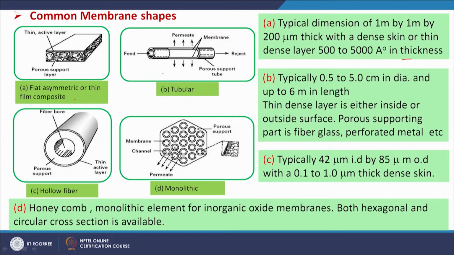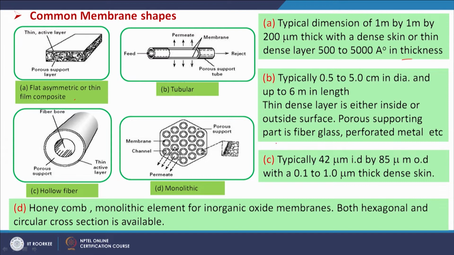Okay. So, in this case what will be happening? It is typically 0.5 to 5 centimeter in diameter and up to 6 meter in length. The thin dense layer is either on the inside or outside surface, we have a thin layer of the membrane material. Okay.